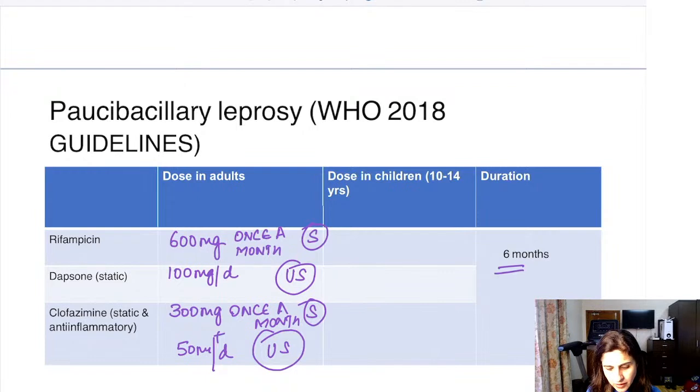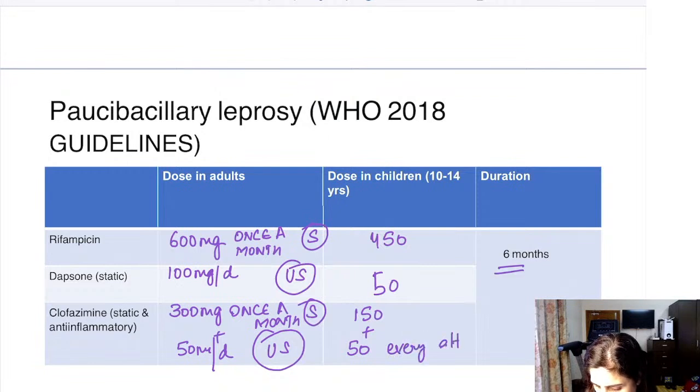In children, aged 10 to 14 years, the dose is less. So rifampicin is 450, dapsone is 50, and clofazimine is 150 once a month, plus 50 milligrams given every alternate day.